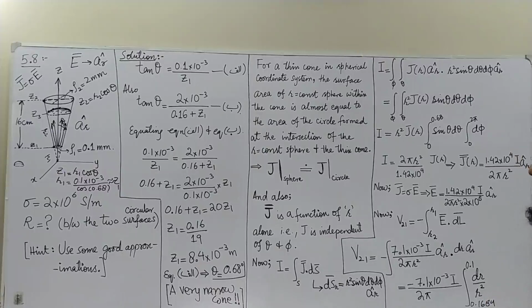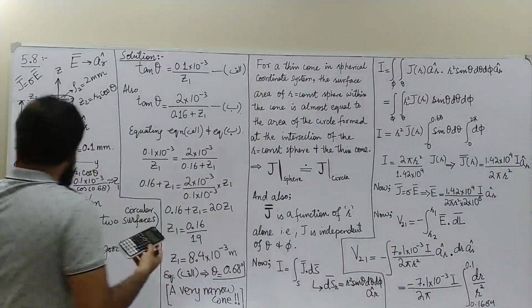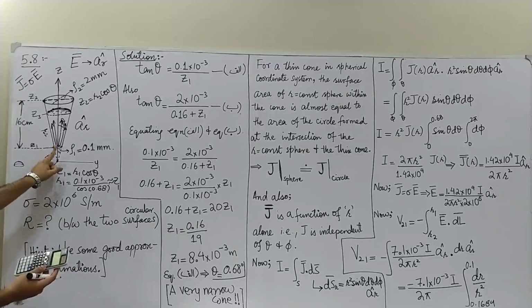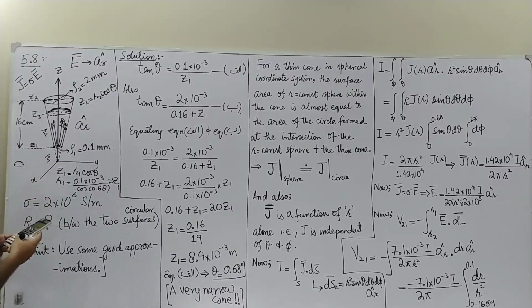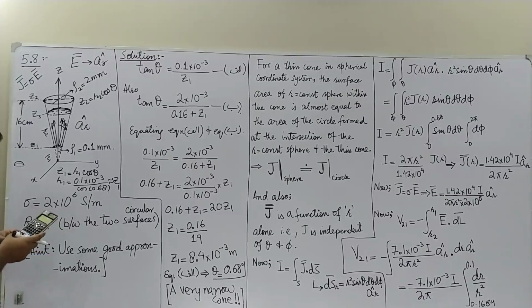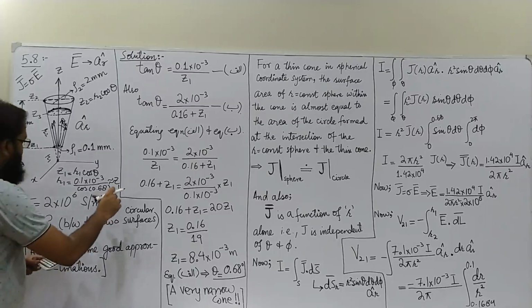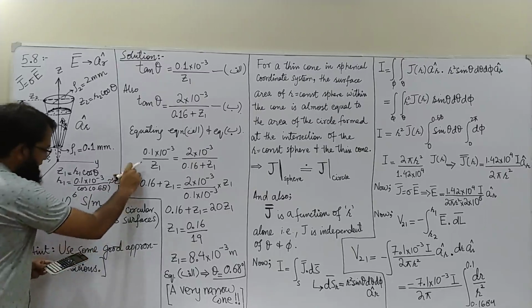Z1 is, did I make any mistake here? Z1 is equal to R1 cos theta, so 0.1 exponent minus 3 divided by cos of 0.68 gives us 0.1, which is actually rho 1, not Z1, rho 1.